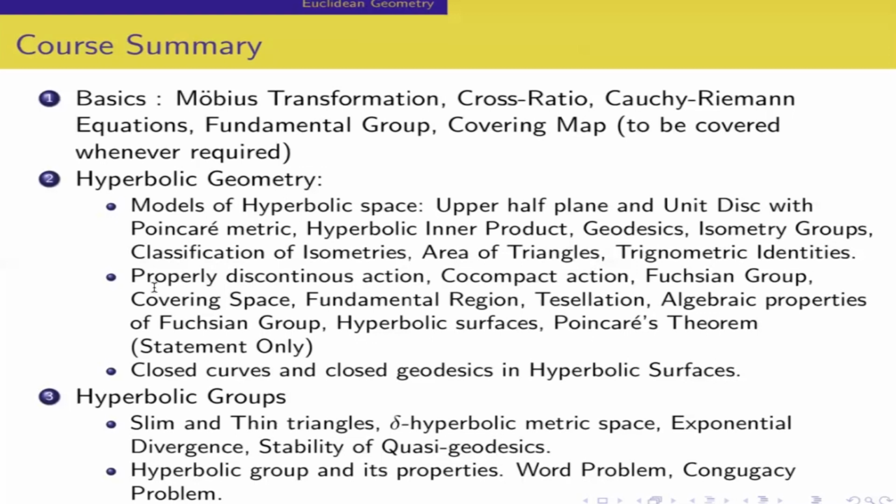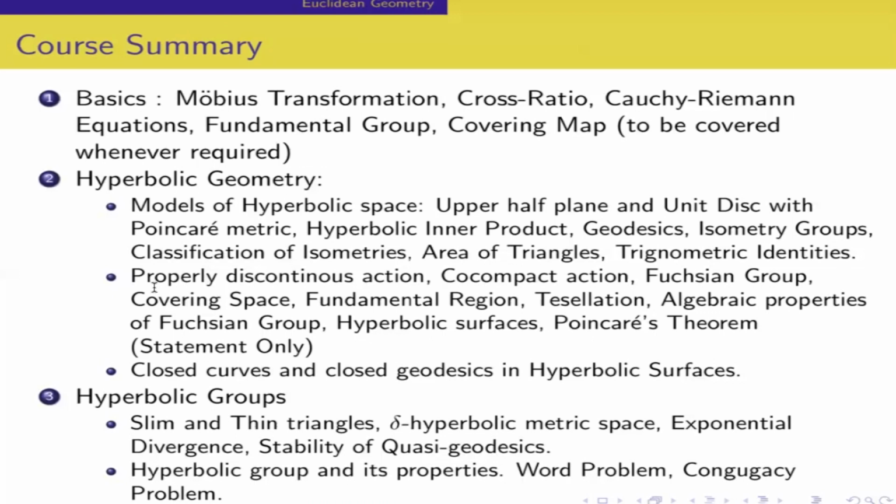Once we have done this, we'll move to the application of hyperbolic geometry in metric spaces and in group theory. We'll introduce hyperbolic groups. In order to define hyperbolic groups, we need the notion of slim and thin triangles, delta hyperbolic metric space. We'll prove that in a hyperbolic metric space, geodesics diverge exponentially, which is called exponential divergence.